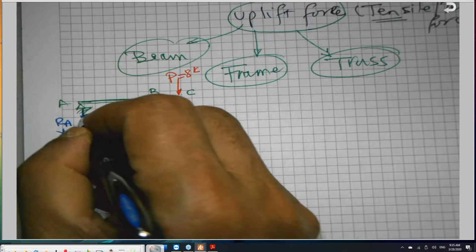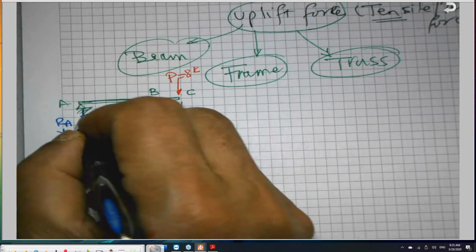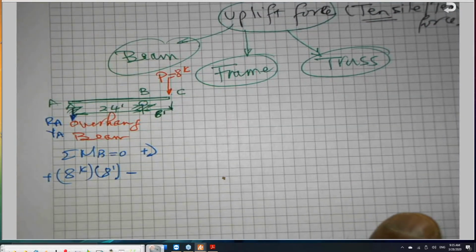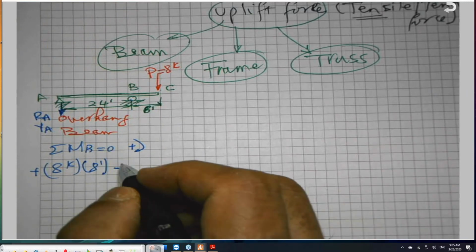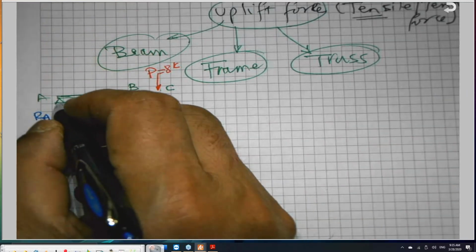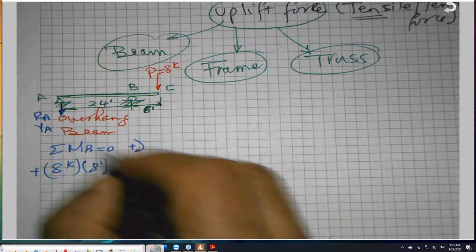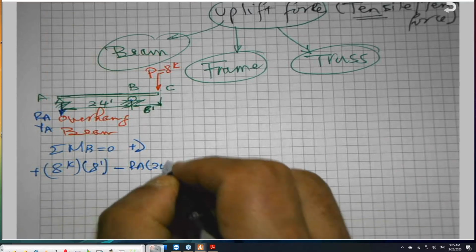Minus, I assume this reaction to be down. I know by observation, by common sense, by inspection, whatever you'd like to call it, it is down. But if you assume it to be up, it will give you a negative sign. So it is reaction at A times 24 equals 0.